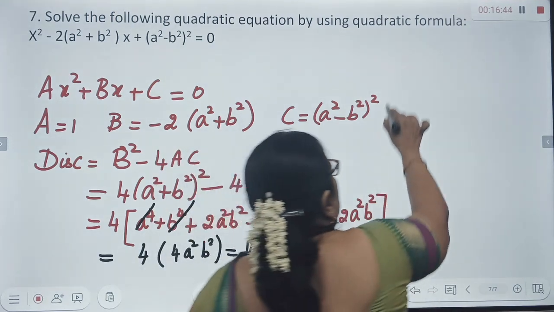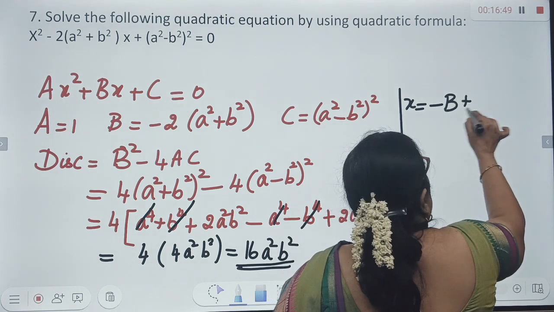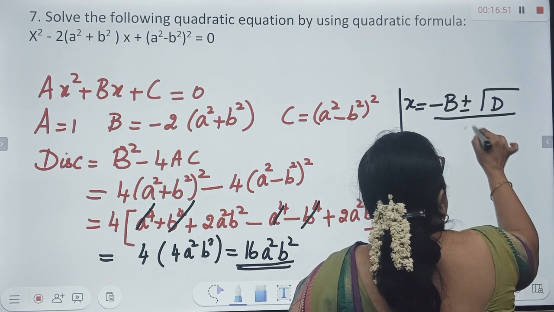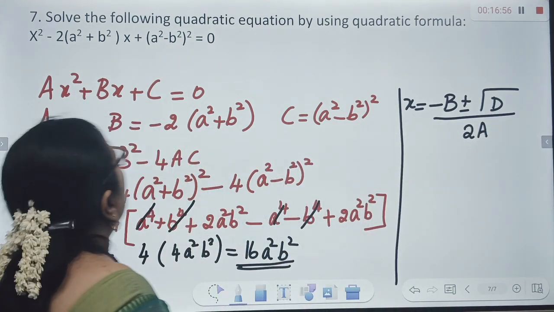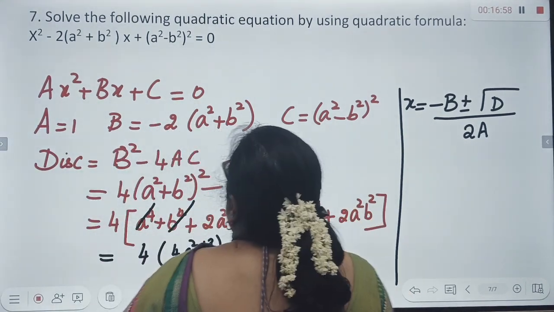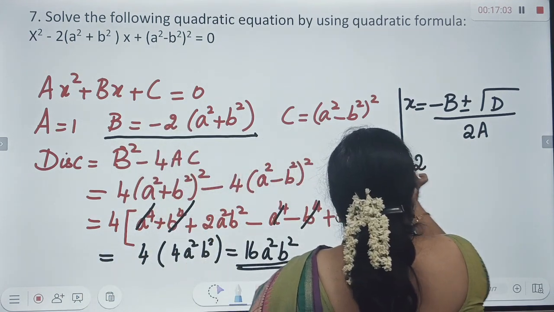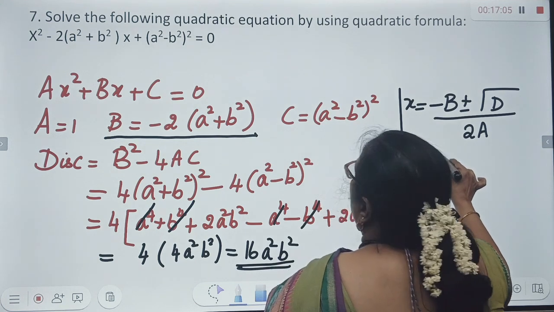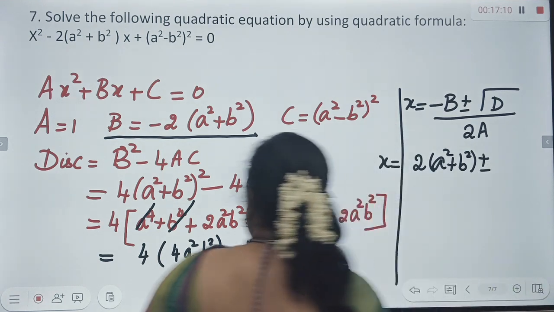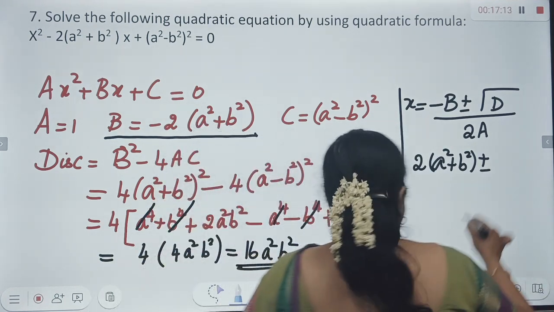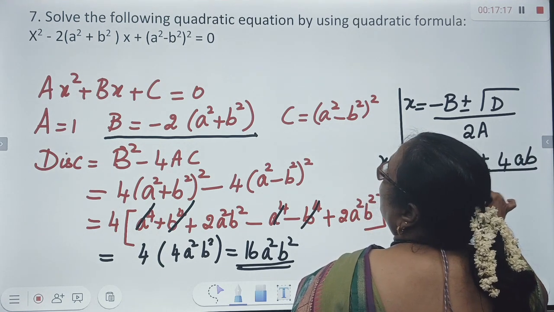So what will be the solution? You know solution is given by minus B plus or minus root of discriminant by 2A. Now what is minus B? This is your B. So minus B will be, so x is equal to 2 into a square plus b square plus or minus, what is the root of this? 4ab plus or minus 4ab by 2A.